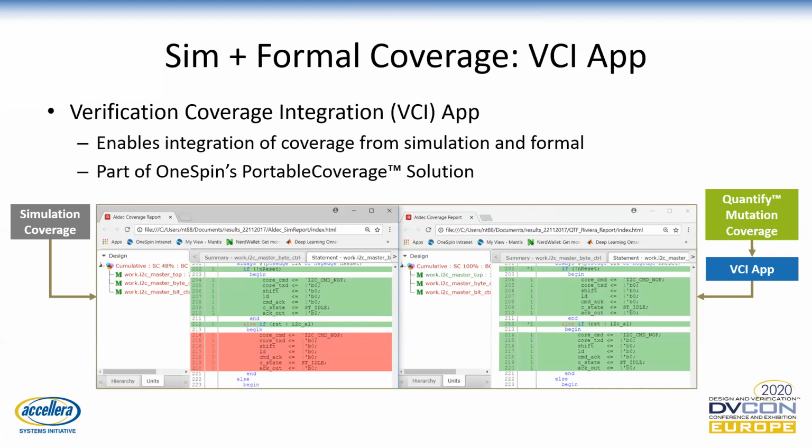OneSpin portable coverage solution. Because Quantify is mutation based and simulation is only activation side, we encourage you to do a first side-by-side analysis before merging the results. Once you did the analysis and each location is covered by at least one technology, then you're safe to merge.